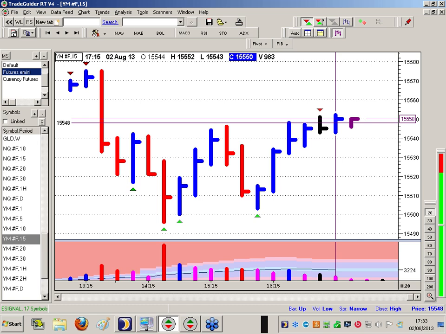Now, if you understand the underlying principle, it's actually very easy to see. First of all, the market has to fall. It doesn't have to fall any certain amount. It just has to fall, which is understandable.